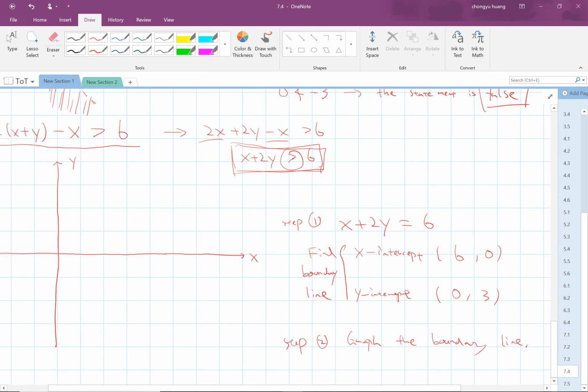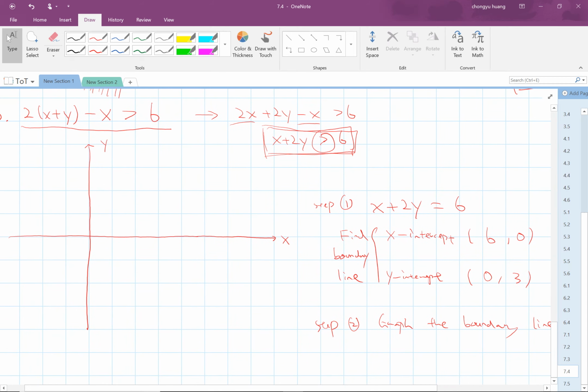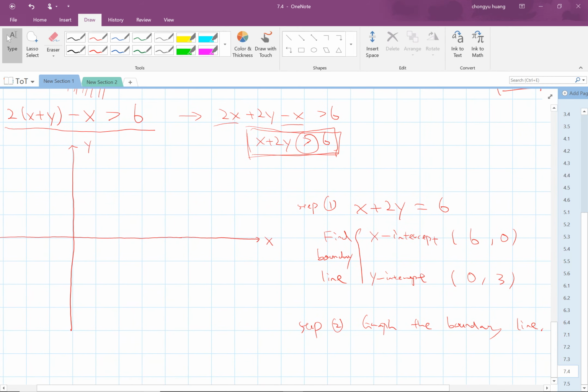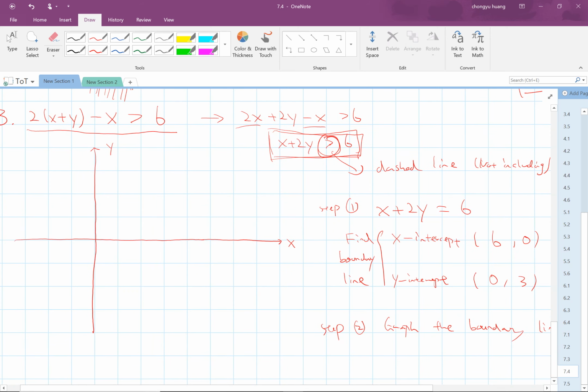Here you can see we have a bigger than, which means a dash line. We have to draw a dash line because the points on the line are not included.